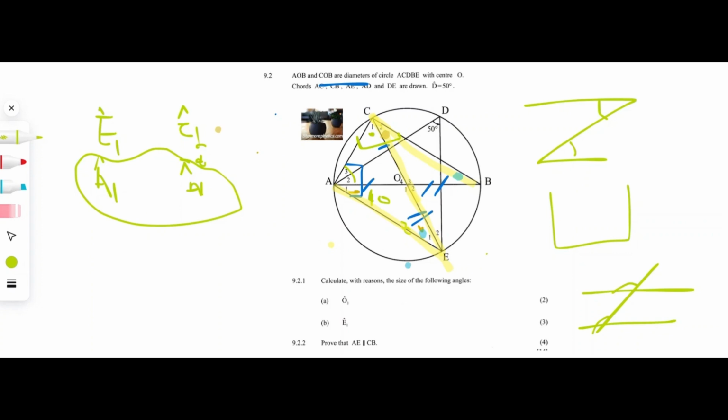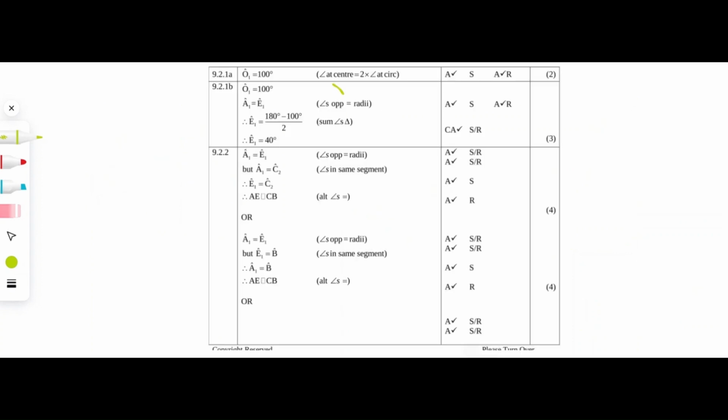Okay, but you have to structure your answer in a certain way. It has to be very organized and structured, right? So you want to validate your answers with statements. And so what you want to say is that A1 equals E1, which we already stated because of angles opposite equal sides. But A1 also equals C2, which I've already identified because of angles in the same segment. Therefore, E1 equals C2 because they're both equal to A1.